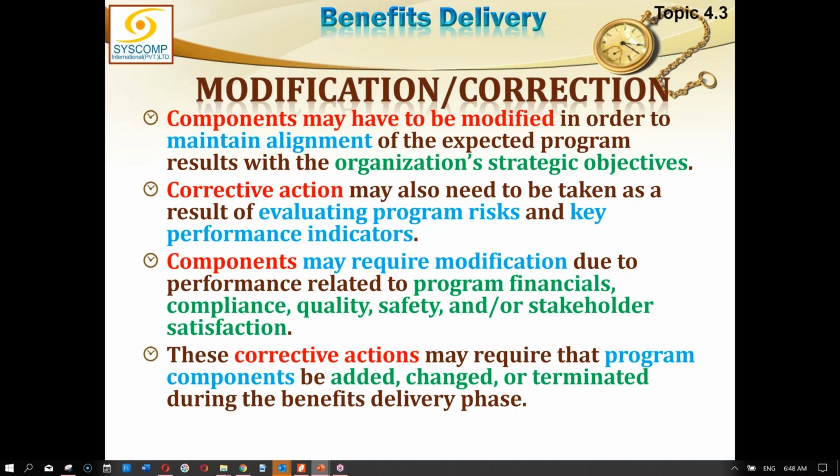These corrective actions may require the program component to be added, changed, or terminated during the program benefit delivery phase. So this can amount to a program change request. Program change control mechanism is actually handling these modifications and corrections.